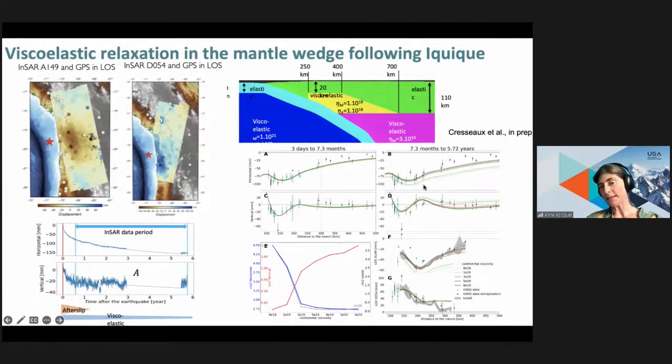We can see that depending on the viscosity you assess in this yellow body, you will have very different predictions for the deformation. So it's probably the next step. We need to do interseismic models that take this viscoelasticity into account, as Marcos Moreno has been doing for a long time.